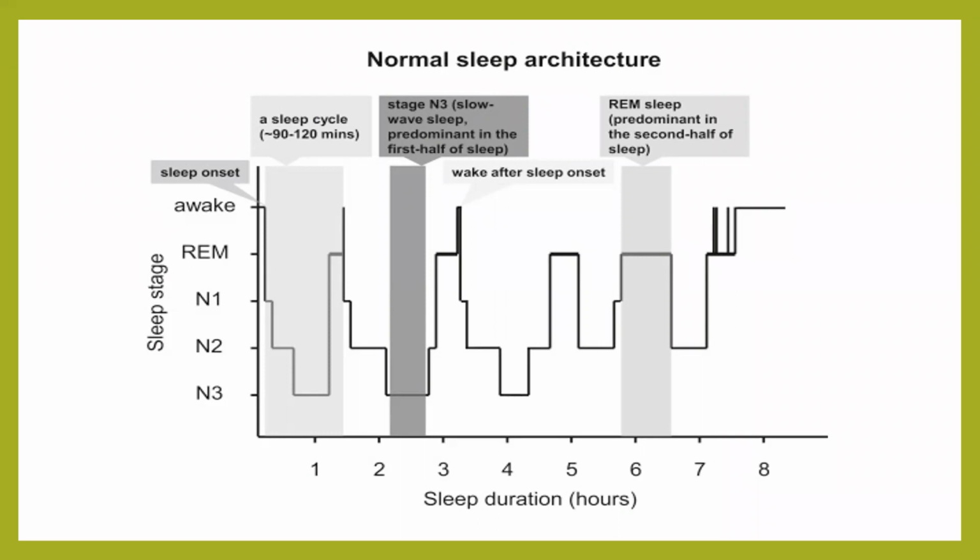Each cycle happens about 90 to 120 minutes in length, starting with awake down to N1 briefly, or non-REM 1 briefly, and then down to stage 2 for a shorter period, and then stage 3, because we have more of a concentration of stage 3 sleep in the first half of the night. And then you can see that waning off towards the end of the night and REM taking more of a center stage.